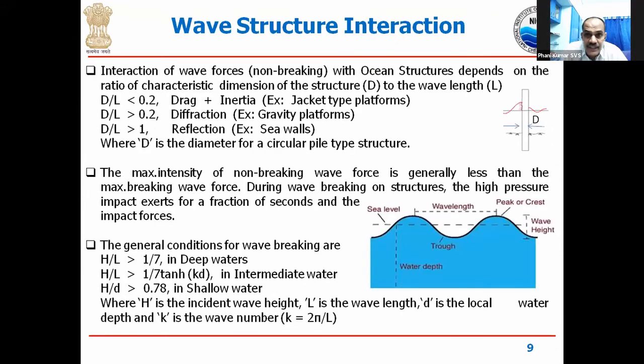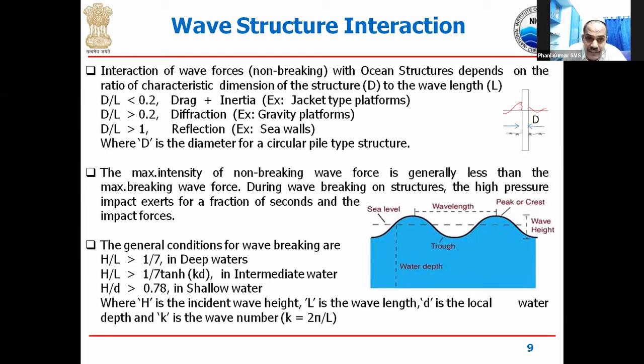When we say wave structure interaction, we are talking about any structure that is installed in the ocean. They may be subjected to waves and currents. Because of the flow, you will have drag and inertia, and the wave may get diffracted or reflected. So you will have various loads that come because of this.